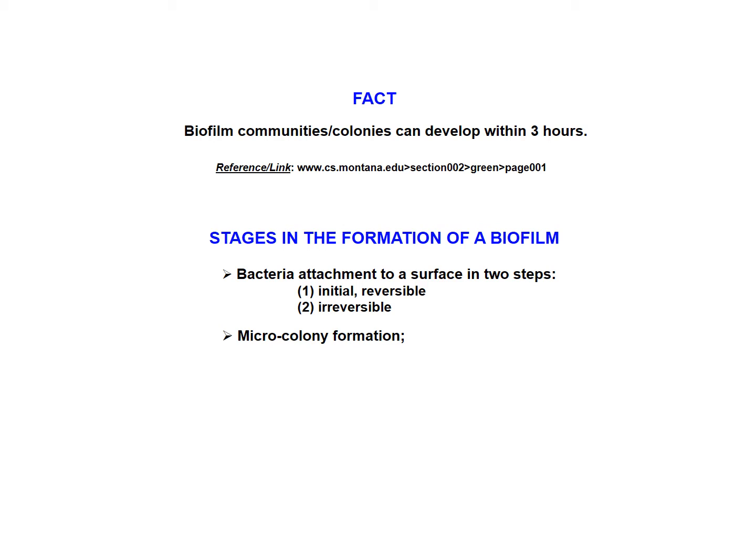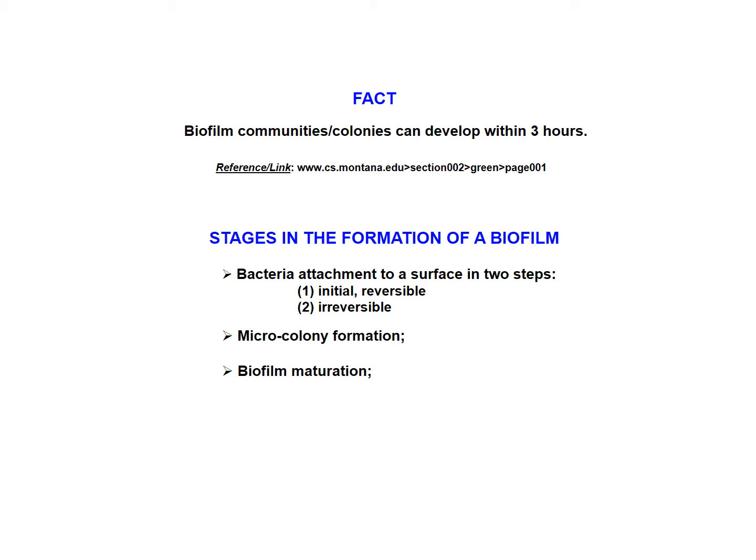Once the bacteria attach on a surface and start to proliferate, they form what we call microcolonies. Eventually, these colonies grow and deposit an extracellular matrix, which is a biofilm that covers the colony.